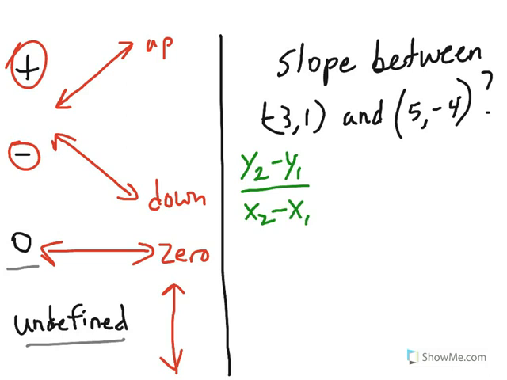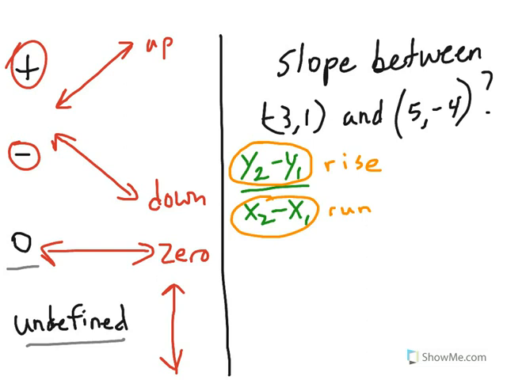Notice, I'm going to point a couple things out here. The y's are the coordinates that tell me how far I go up or down. We call that the rise. The x's tell me whether I move over to the left or to the right, and how far. We call that the run. So y's are on top, x's are on bottom.